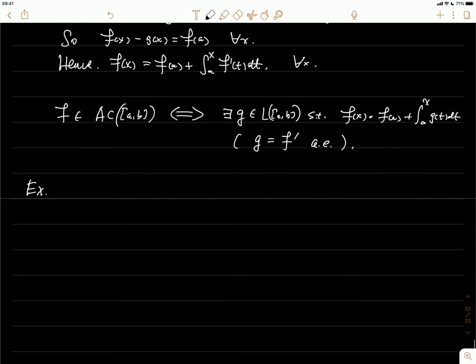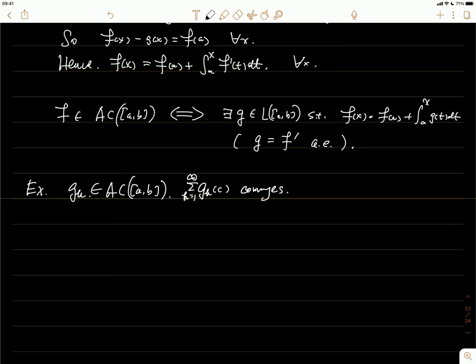So suppose we have functions g_k which are all AC. And suppose that the infinite sum of g_k at c converges, so that means this is a finite value.